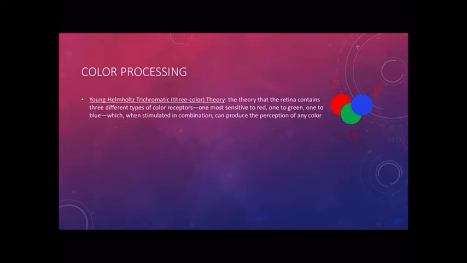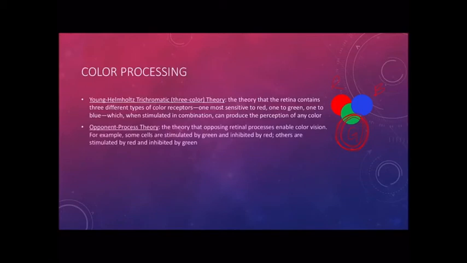Don't make that mistake. It's hard to figure out exactly how you can create yellow from these colors, but nonetheless, this is the theory, that we have color receptors for 3 colors, and those colors are red, blue, and green, not yellow. So just memorize that it's those 3 colors in the trichromatic or 3-color theory.